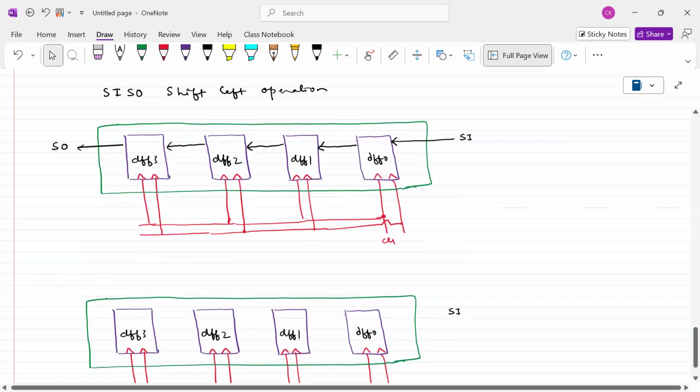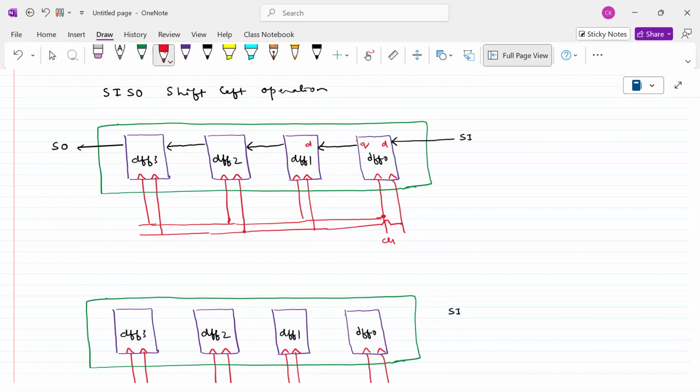By the way, for simplicity I'm writing D as the input signal and Q as the output. These are the input and output here. Actually, these are nothing but D in and D out, but because of the space consumption, I'm writing D and Q. Please remember this.